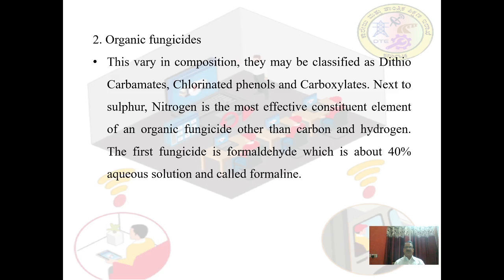Next to sulfur, nitrogen is the most effective constituent element of an organic fungicide other than carbon and hydrogen. The first fungicide formulated is formaldehyde, which is about a 40% aqueous solution of formaldehyde and is called formalin.